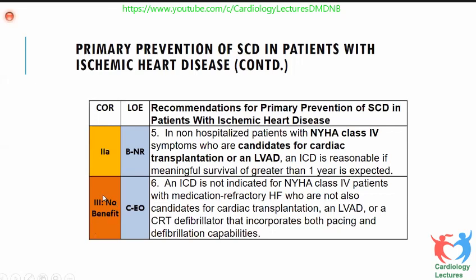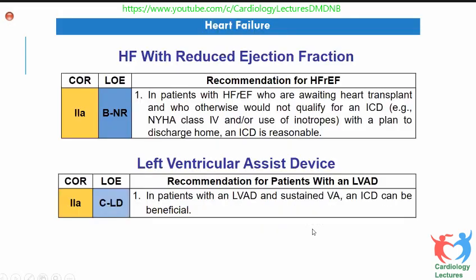However, Class 3, which is not indicated, no benefit, are those patients who are class 4 with medically refractory heart failure, who are also not candidates for transplant, LVAD, or even a CRT defibrillator that incorporates both pacing and defibrillation. So class 4 with no indications of further advanced heart failure therapy is a Class 3 indication.